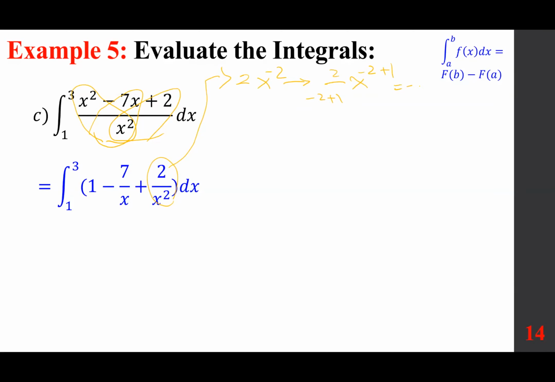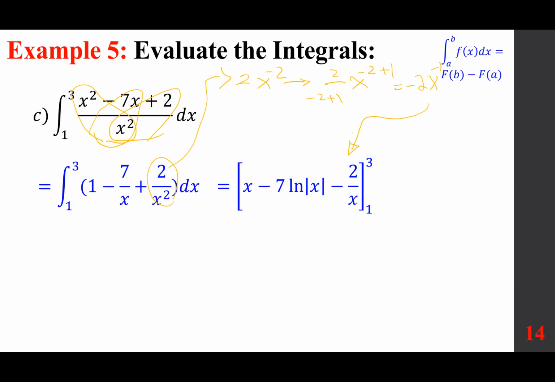So this makes it negative 2, because it's 2 over negative 1, x to the power of negative 1, or minus 2 over x. So again, I just wanted to show how we arrive at minus 2 over x. We have done this before. Again, you can go back to it.